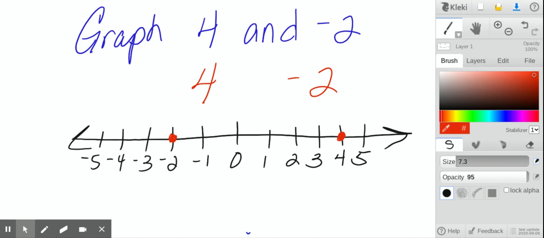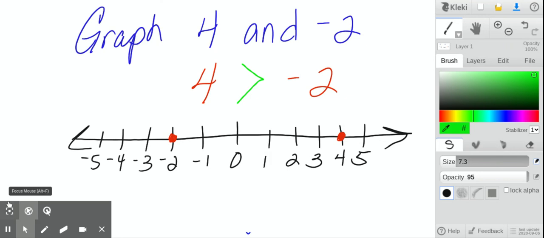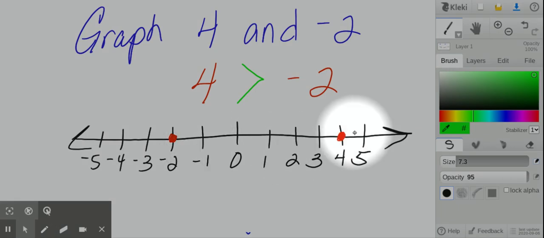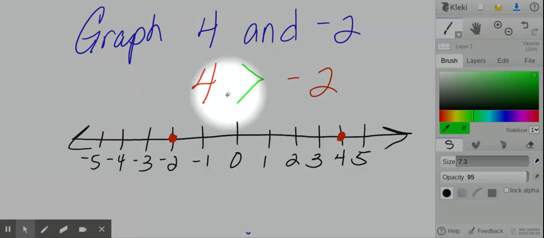Well, we know that all positives are greater than all negatives. So 4 has to be greater than negative 2. So if the directions say to graph, you plot the point on the number line, just as I did here. And then if it says to write an inequality, you write the inequality using the numbers that they had given you.